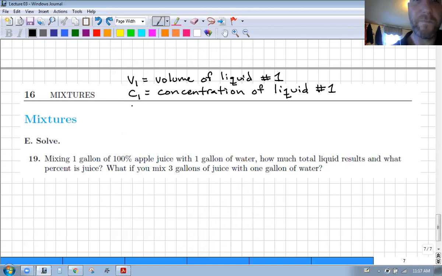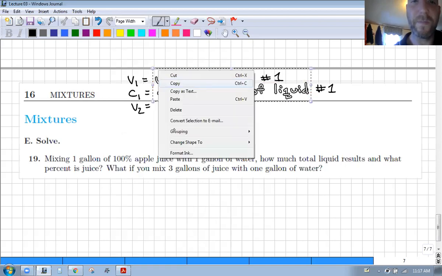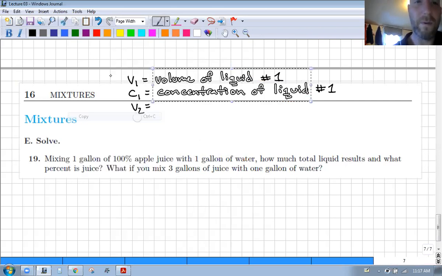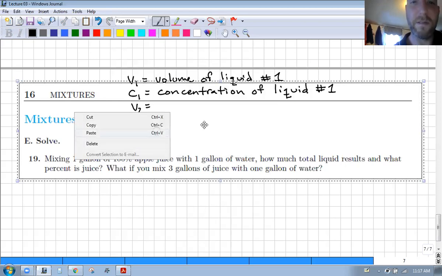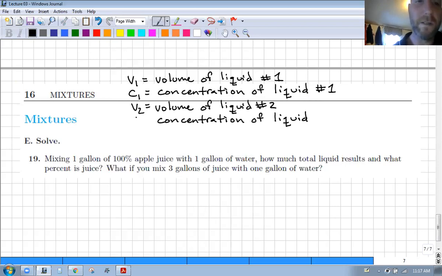All right. We have V2, the volume of liquid number 2. C2 is the concentration of liquid number 2.